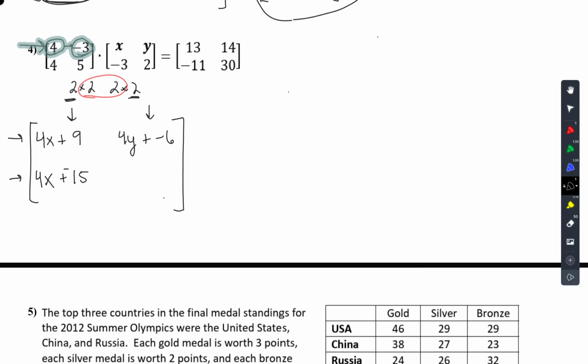Last but not least, second row, second column is where that spot is. The first number in the row is 4. The first number in the column is y, which is weird, but whatever. So 4y, and then down the row, down the column, 5 times 2 is 10. And this is equal to this matrix here.